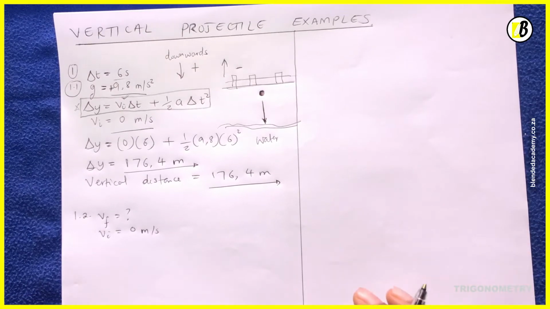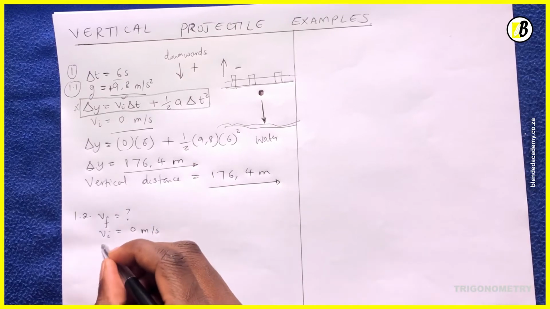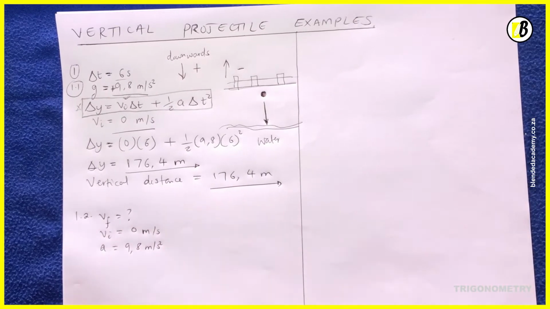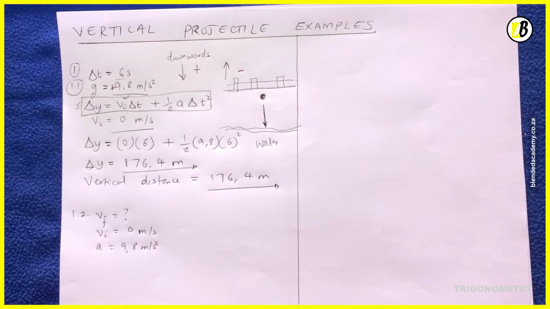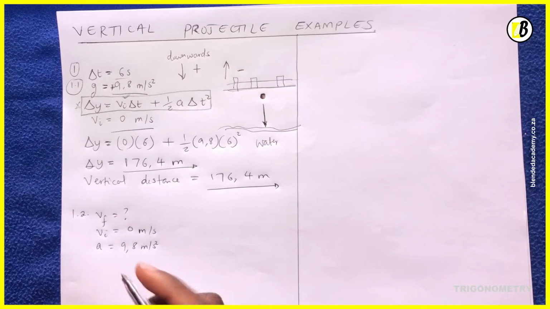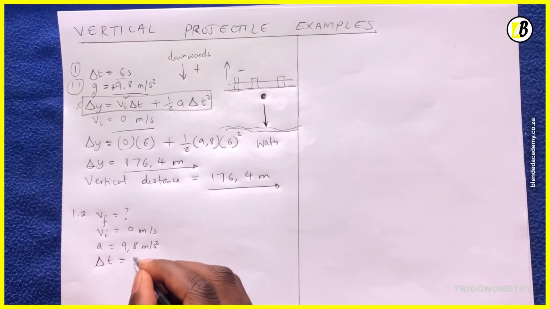So now let's move on to the second part. The initial velocity is 0 meters per second and the acceleration is still the same, 9.8 meters per second squared, also in the same direction, downwards. So it's going to be positive since we chose our downward motion to be positive. And we're also given the time it takes to hit the water. That's 6 seconds.